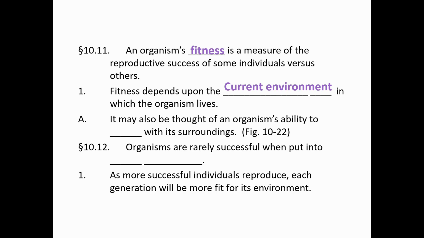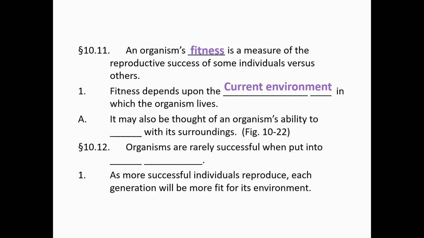So, for example, if we are looking at mice living on rocks and dirt, and the dirt is very light, like a light brown, mice that have a light brown fur color are probably going to do better because they can camouflage. They're not going to be picked off by predators as easily, which means they live longer and they can have more babies.